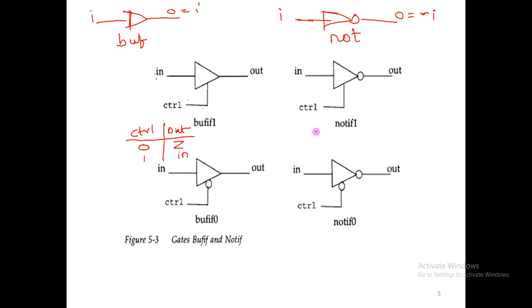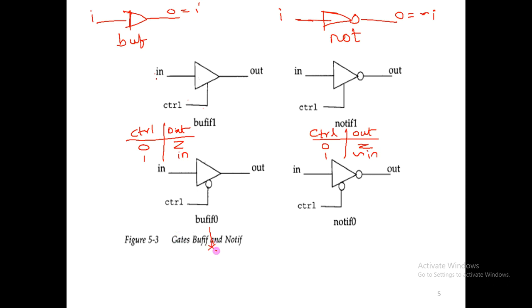Similarly, not if 1, I can design a truth table in the same fashion. Control, out. If control is 0, it is not if 1, so the output will receive high impedance state. If control is 1, the output will receive the inversion of input. This is how it goes.